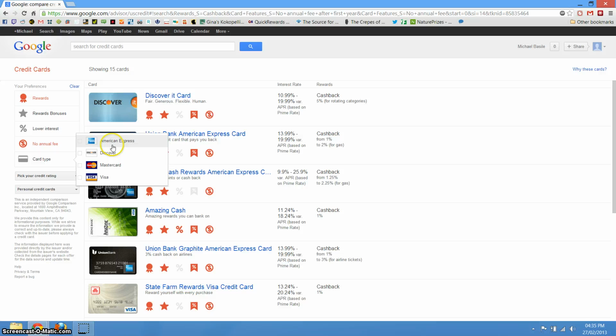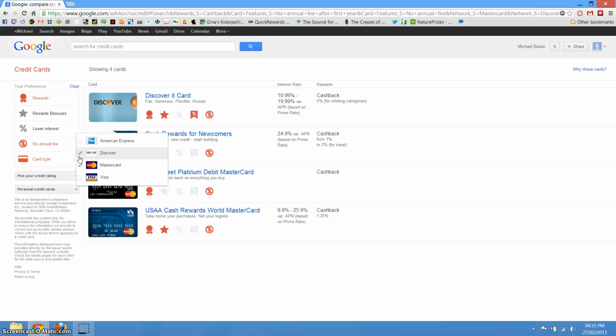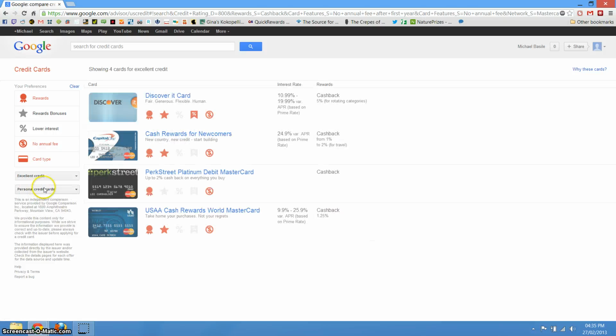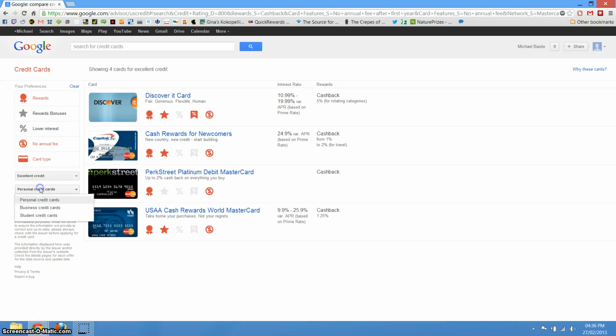Card type. I already have an American Express and a Visa card, so I'd want to look for one of these. And then pick your credit rating. Excellent. There's a personal card. Oh, that's, I guess my third point would be, once you already have an option selected, you cannot select that option.